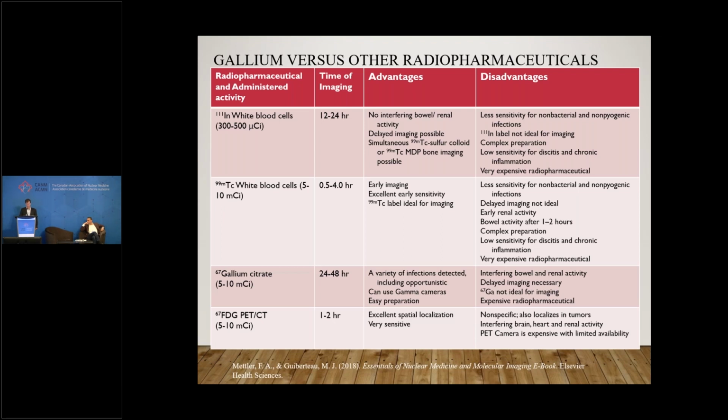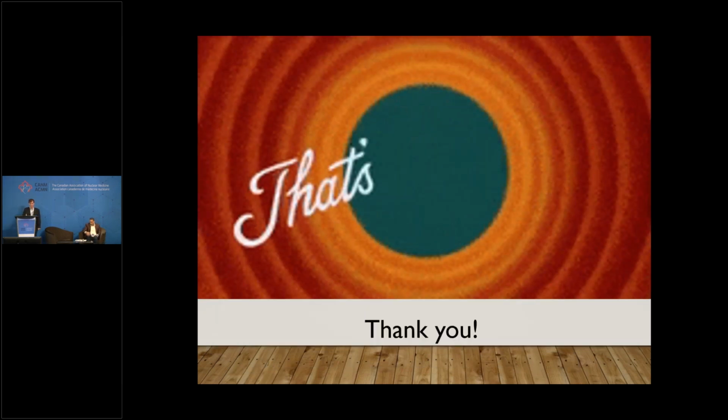If you don't have a PET scan in your department, gallium is still a reliable agent to evaluate for infection and osteomyelitis. White blood cell imaging is also very good, as we saw in the previous slide, and our next presentation will be FDG PET. I guess that's it. Thank you very much for your attention.